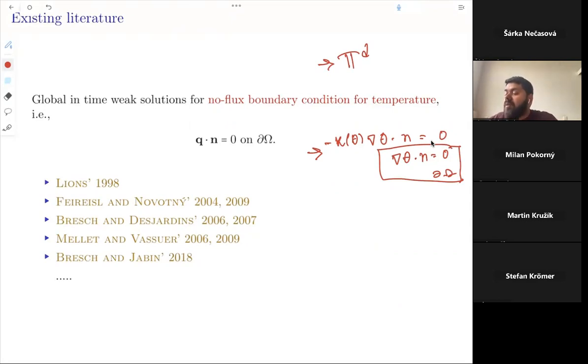But what I want to do, after giving some of the hypotheses, is quickly come back to the weak formulation of this problem, see where the exact problem is happening, and our method to overcome it. So this is for the first few minutes of the talk, and then we'll talk a little bit about the existence theory.